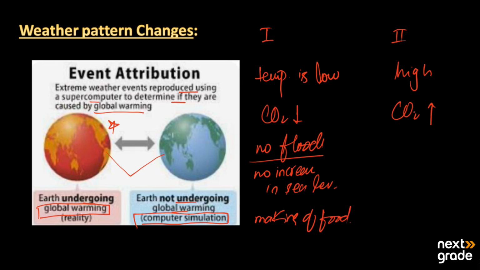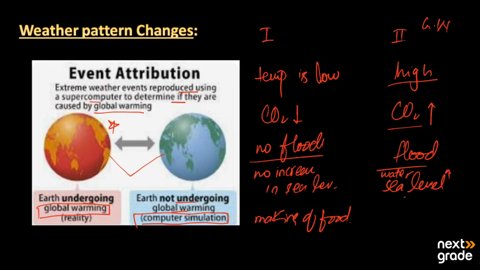But on the other hand, in condition number two, where there is global warming, high temperature, and a high concentration of carbon dioxide, there will be floods, and the sea level is high. In turn, the process of photosynthesis may also get disturbed. All these conditions can also disturb living organisms in one way or the other.